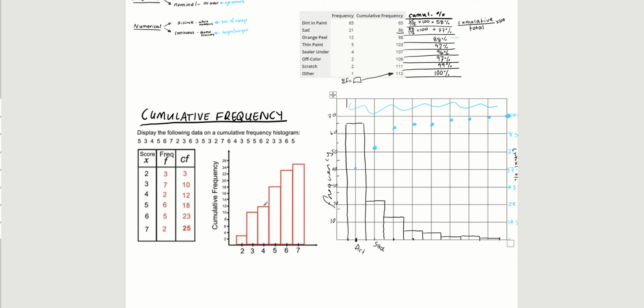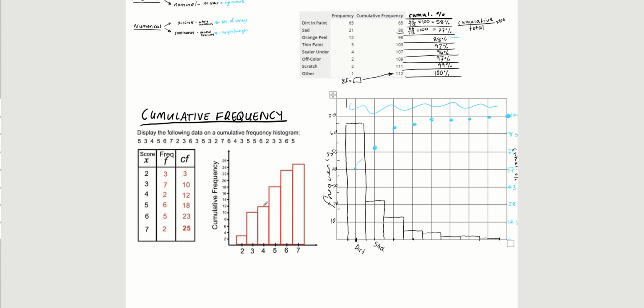I think I've done that. Double check, 58, 77, 88, 92, 96 is a bit higher.